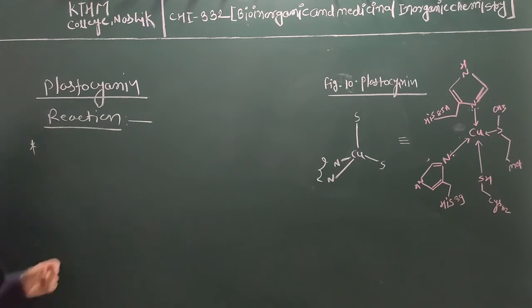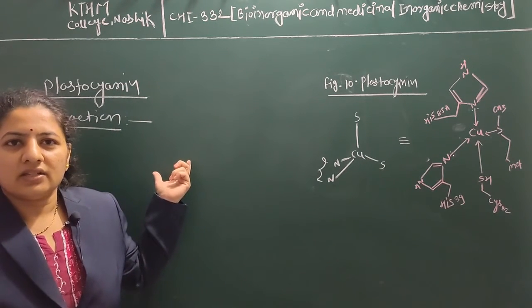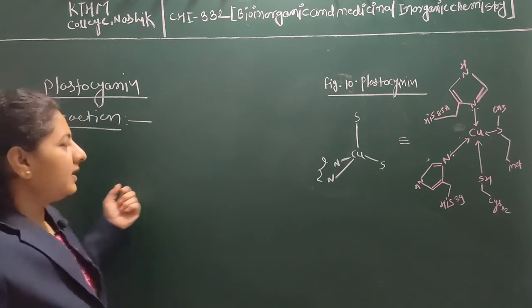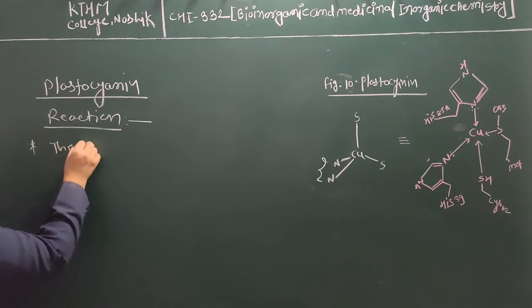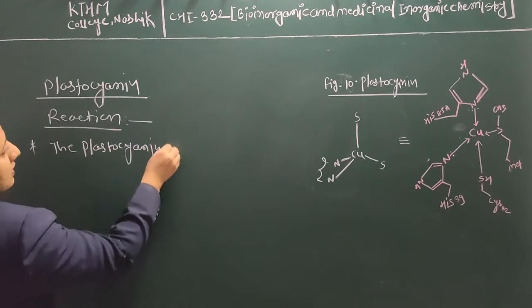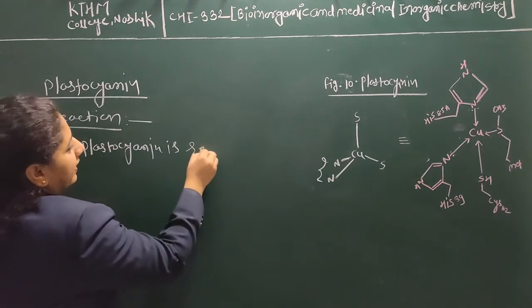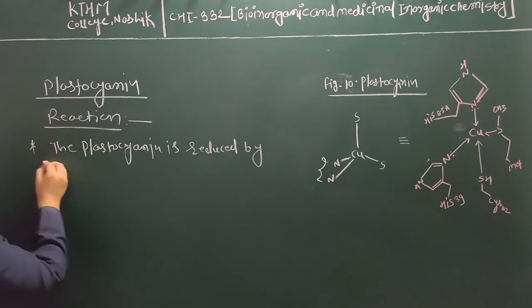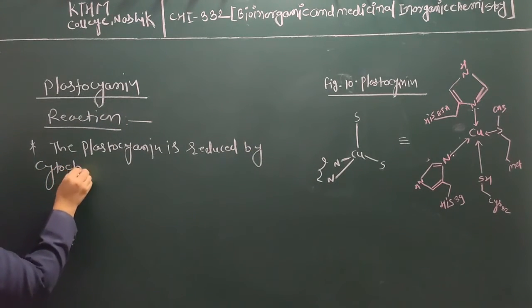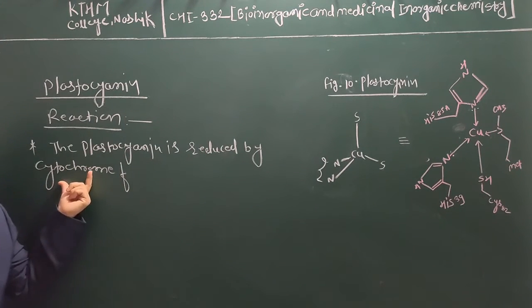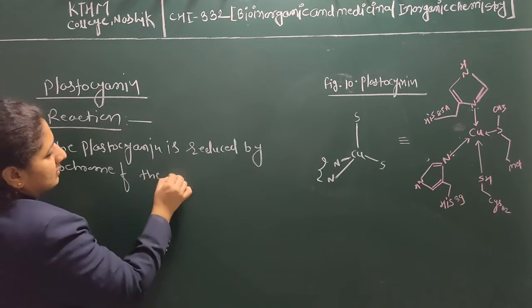Plastocyanin gets reduced by the cytochrome F, and then the electrons are added. So the reaction is as follows.